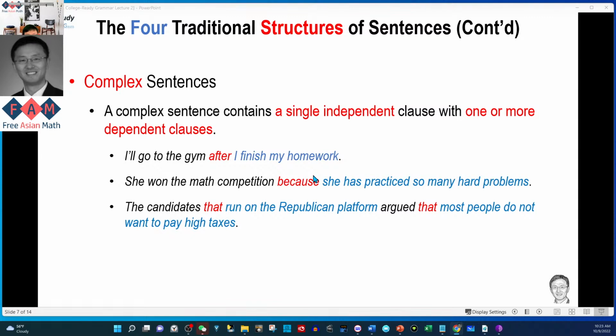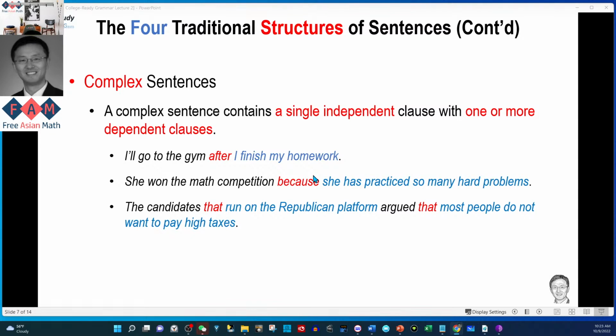Actually, if you think about it from an information delivery perspective, the author of this sentence wants to emphasize going to the gym more than finishing the homework. So the main focus here is going to the gym, not finishing the homework.